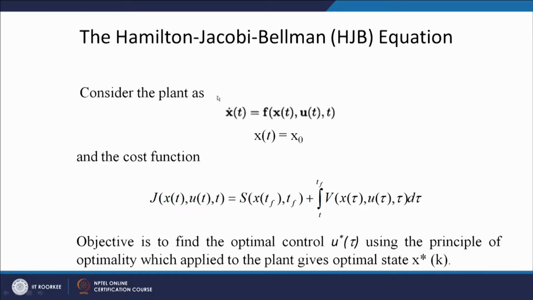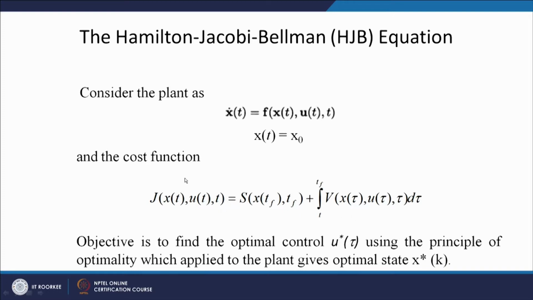So, let us consider a continuous plant given as x dot t equals f of x, u, t, a general plant, may be linear or non-linear, with initial condition x t equals x 0. Here tau is my variable parameter which varies from t to t f. This means the initial point we are considering is t, and t can take any value.